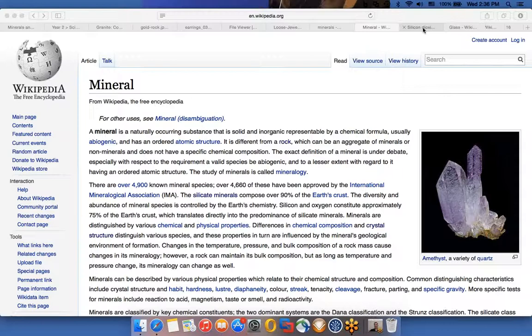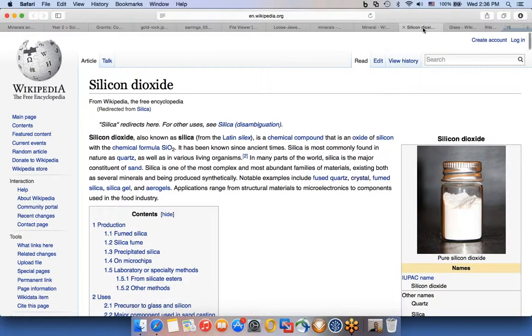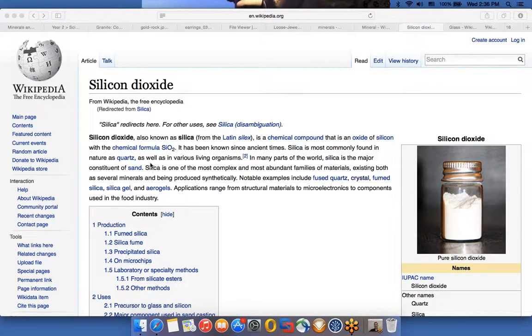Now we are going to talk about three specific kinds of minerals or compounds, something that I found very interesting. So silicon dioxide, okay, is silica. That's another name for it, but the chemical composition is silicon dioxide.